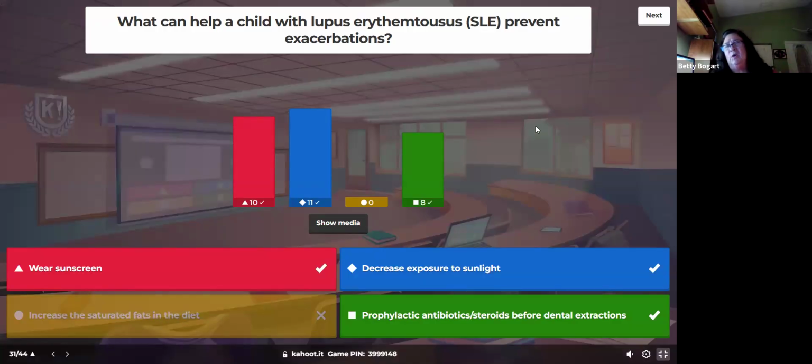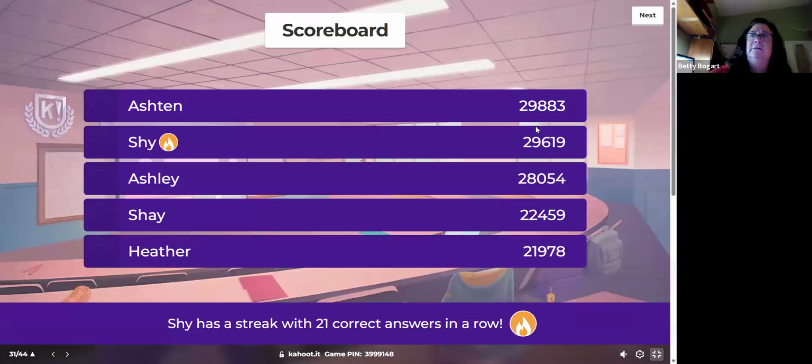And then with any sort of immunosuppressed, absolutely lupus, JIA, anything, prophylactic before any dental extractions, etc., has to be done. Just prophylactically, because remember, the body does not deal with infections like a normal child would.